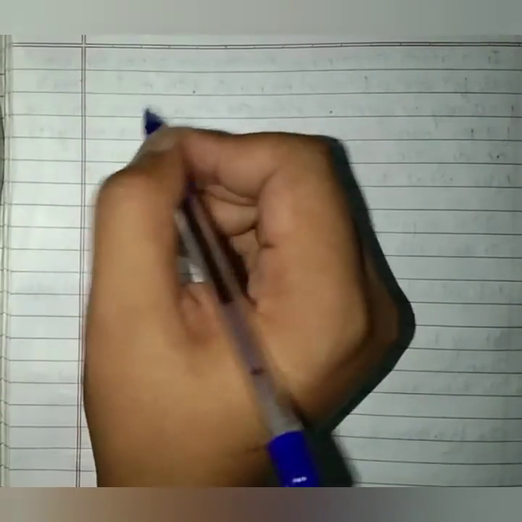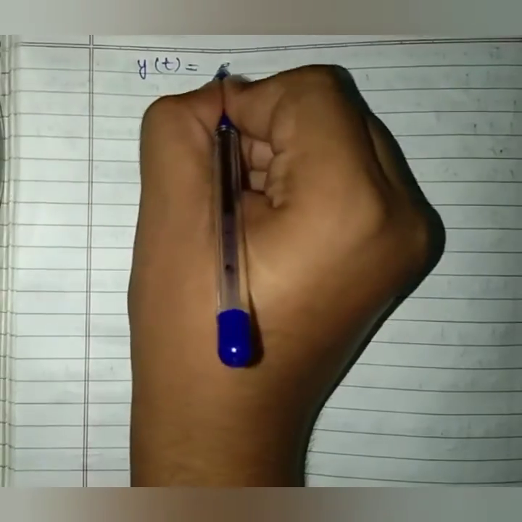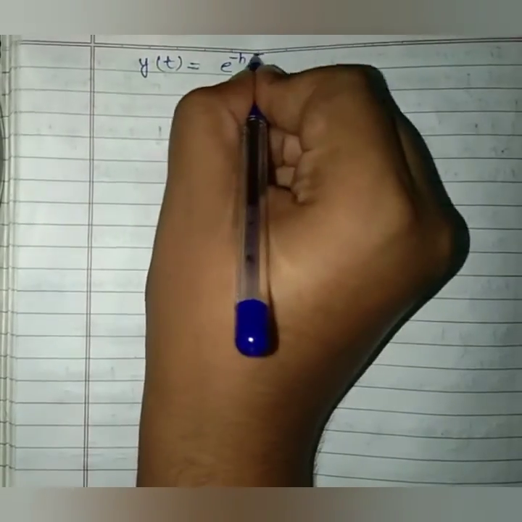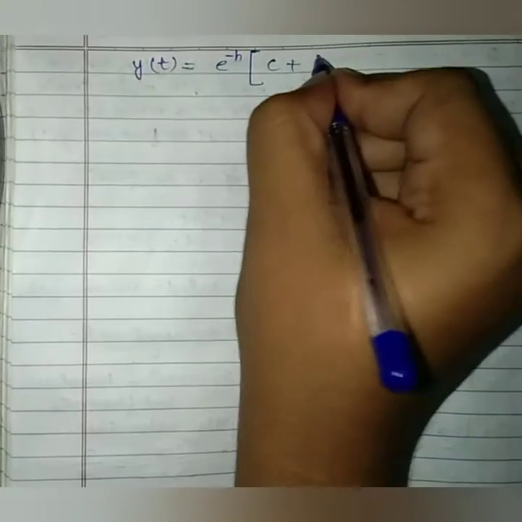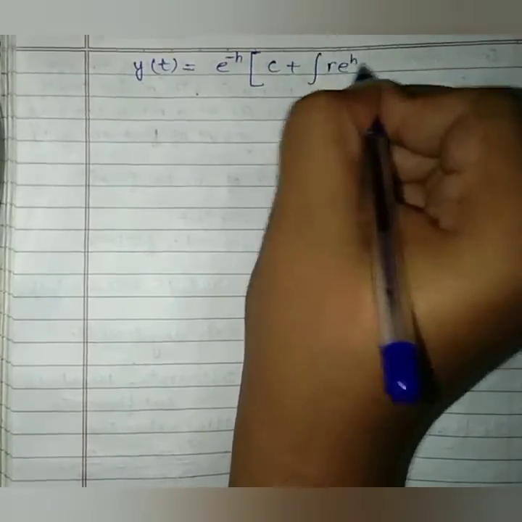So the general solution of this ODE is given by y of t equals e power minus h, c plus integration of r e power h dt.